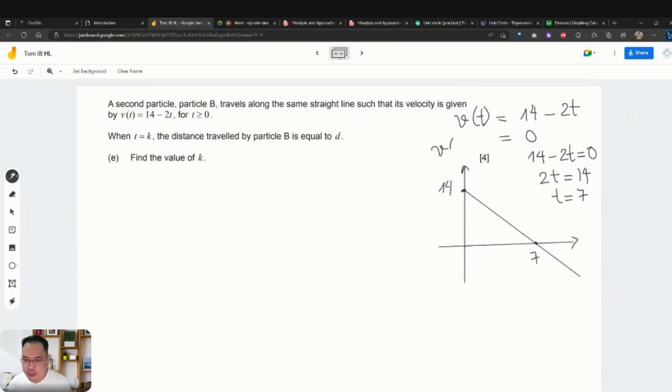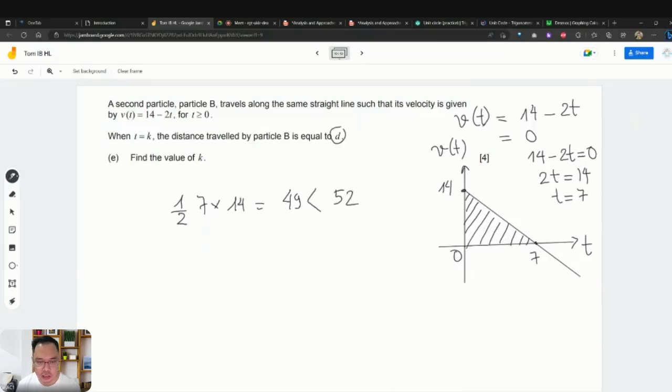This is the graph of velocity versus time, and the area under this graph is the distance the object travels. The triangle on the top is 1/2 of the base 7 multiplied by the height 14. That area is 49, which is less than 52. 52 is the distance d, and therefore the object has traveled another area at the bottom.